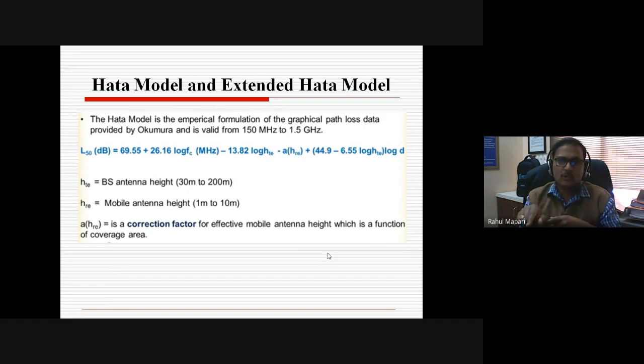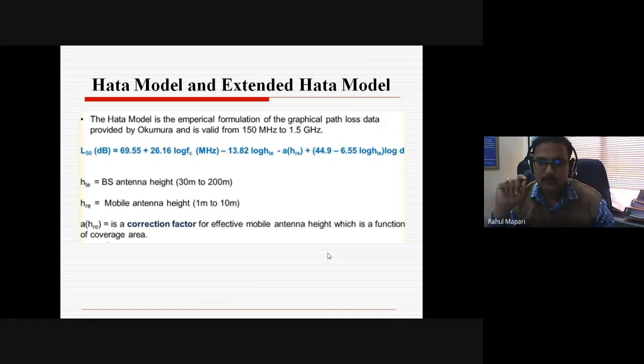This is again a new parameter, plus 44.9 minus 6.55 log of HTE into log of D. D is the distance between transmitter and receiver. Now, unfortunately, there is no way to find the expression for this. You have to consider this equation directly. You have to memorize this equation in any way.